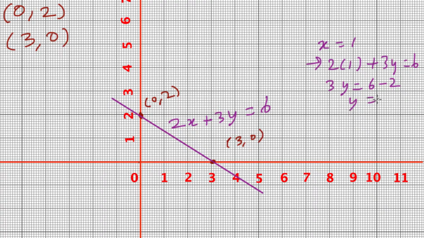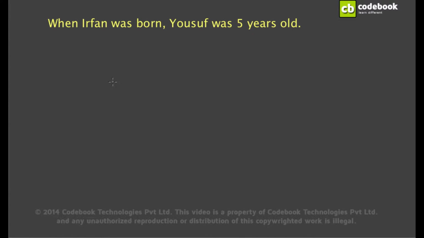So y = 4/3, which is equal to 1.333 and so on. So if you observe, if x is 1, the y value is 1.333. In this way, the solutions of this linear equation will always lie on this straight line. Now let's work on a problem.